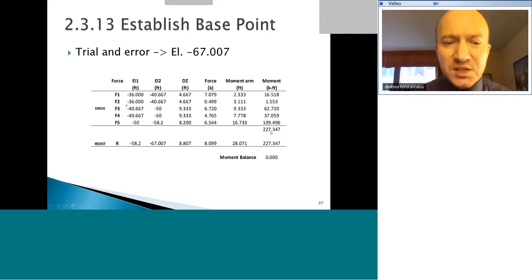Then we have a resisting force below that net zero point, and we're calculating here by progressively changing that elevation, and we're coming back with elevation minus 67.007 in this case, where we're matching out exactly what the driving moment is.